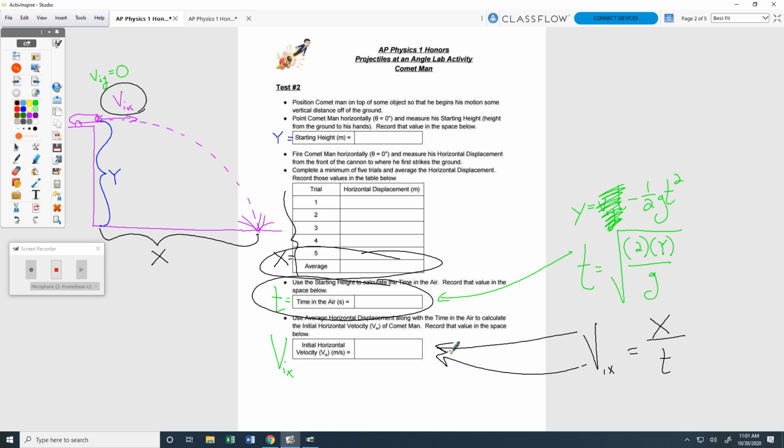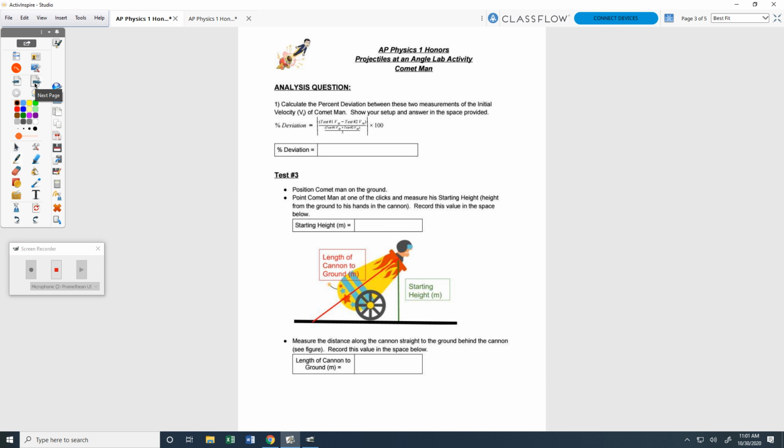So that's test number 1, that's test number 2. My ultimate goal with my analysis right here is to see how close they are to each other. To find a percent deviation, you take the difference between the numbers. So you're going to take your test number 1's Viy minus your test number 2 Vix.